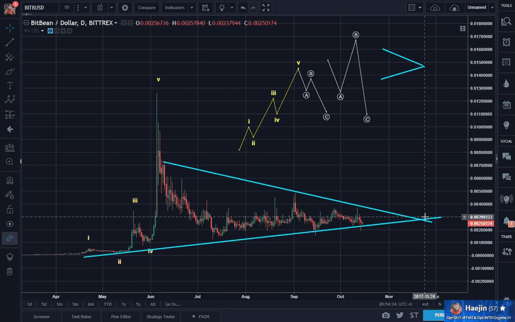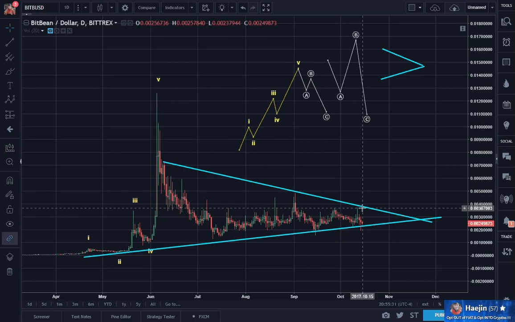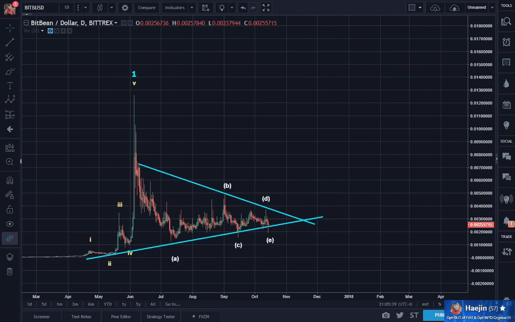Here is a symmetrical triangle. So we're on an uptrend and it's coming down and forming a triangle pattern.